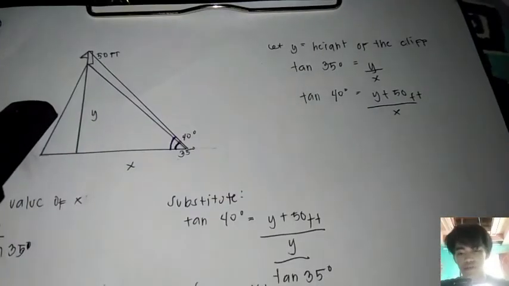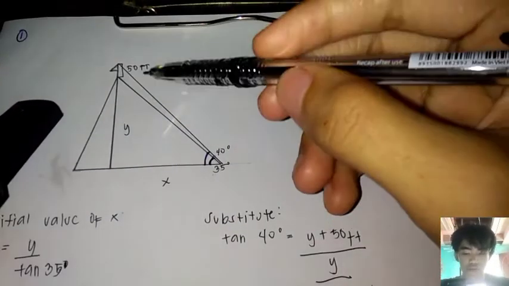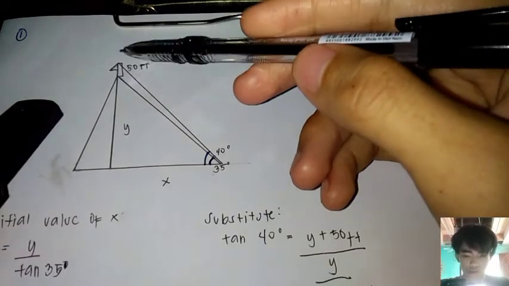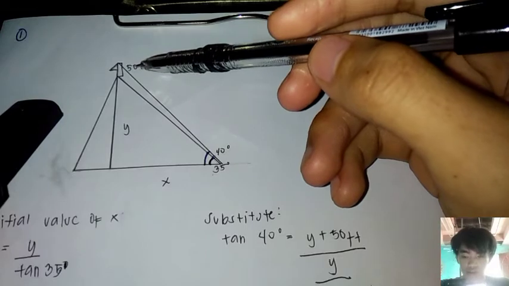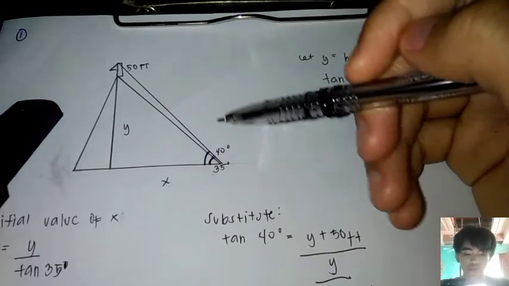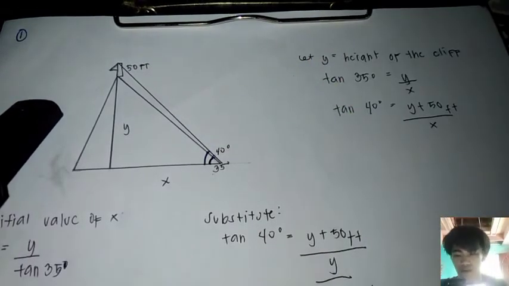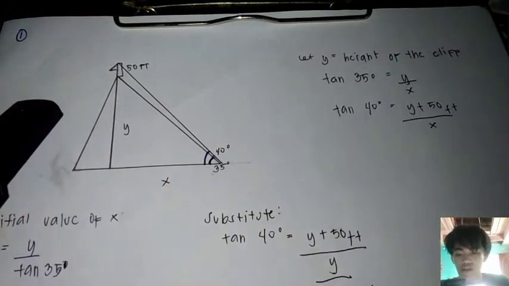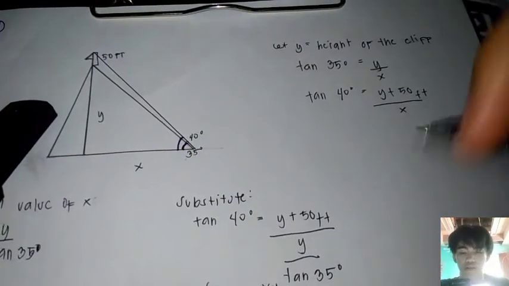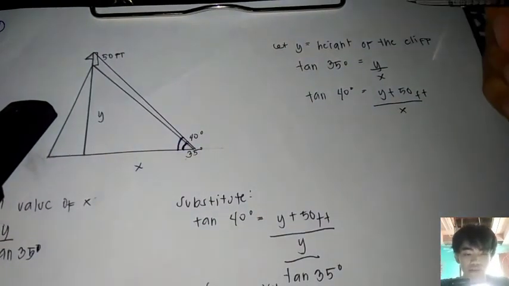In trigonometry, we have here the illustration of the cliff, wherein at the top we have the flagpole, which equals 50 feet, and we have the angles here, 35 degrees and 40 degrees. And let's solve for y and x. So let y equal the height of the cliff.